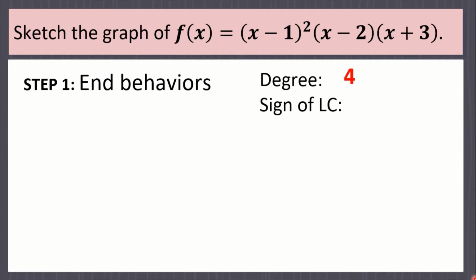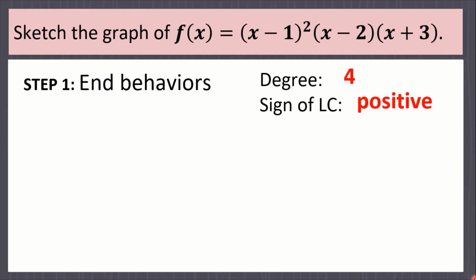Pero since ang polynomial function natin ay naka-factored form, so for us to find the degree, kailangan natin siyang i-expand by multiplying the factors. So, kapag minultiply natin itong factors na ito, we will come up with x raised to the 4th power. That's why the degree is 4. Now, the sign of the leading coefficient is positive.